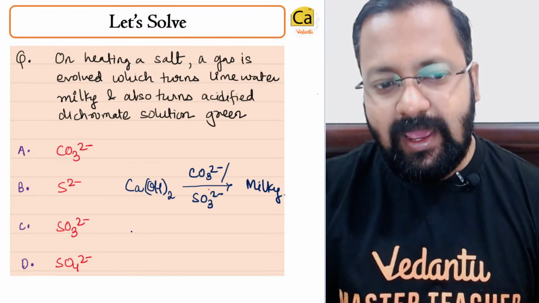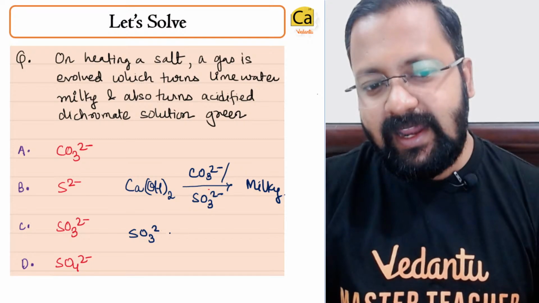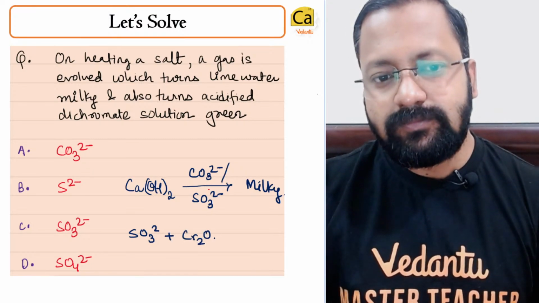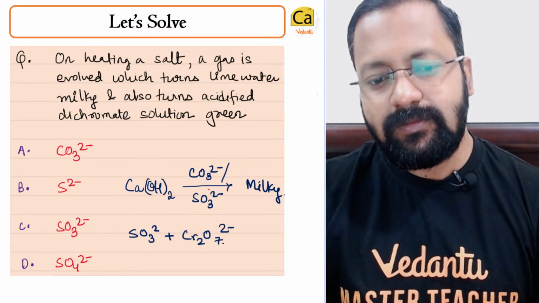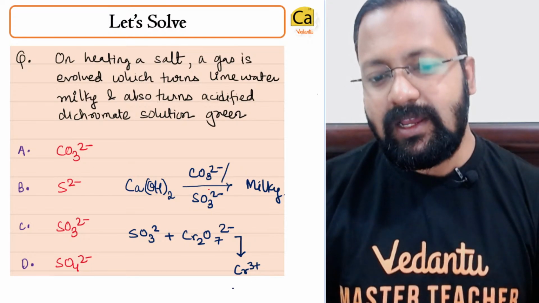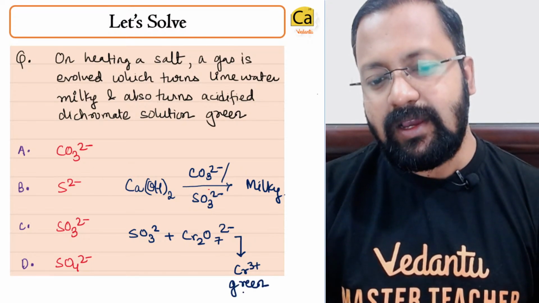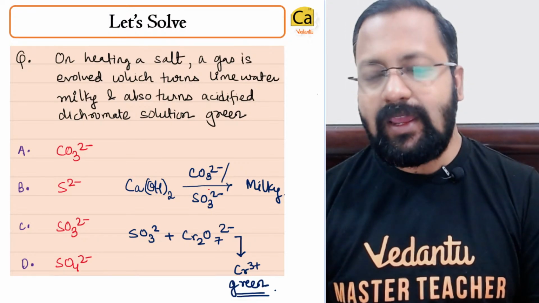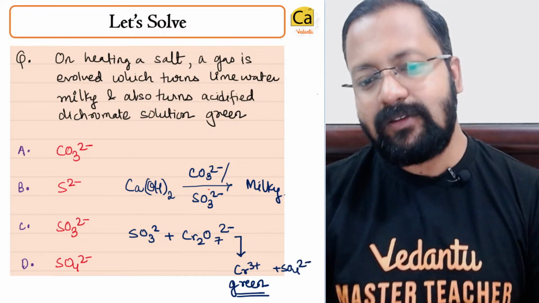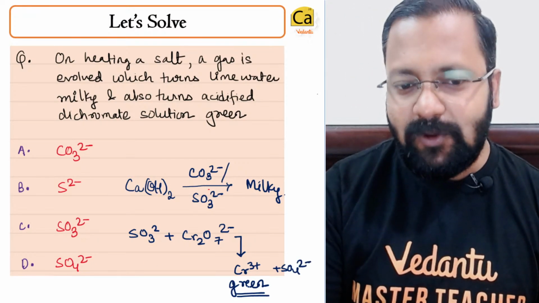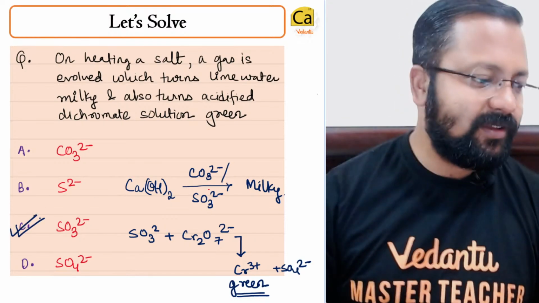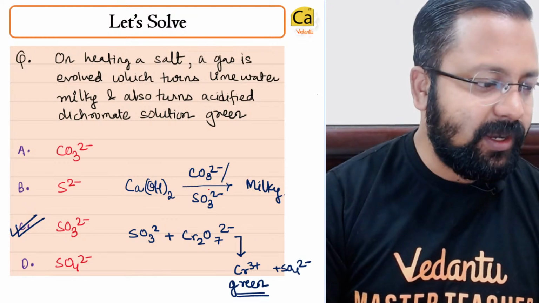However, sulfite will react with dichromate and will turn it green. Cr3 plus, which is green in color. Okay, and sulfite will turn into sulfate. Understood? This will undergo reduction, this will undergo oxidation. The right answer should be C.